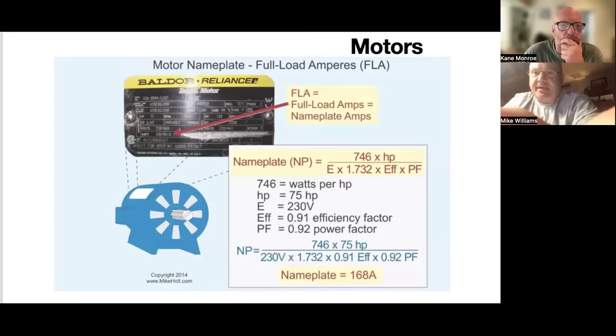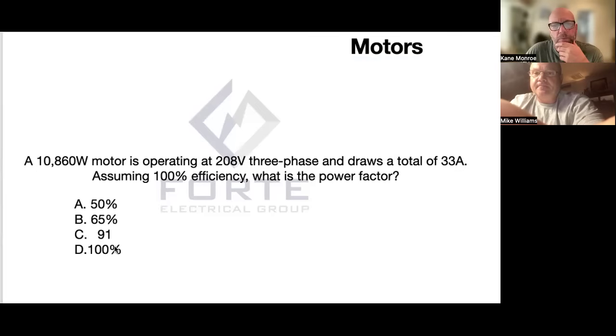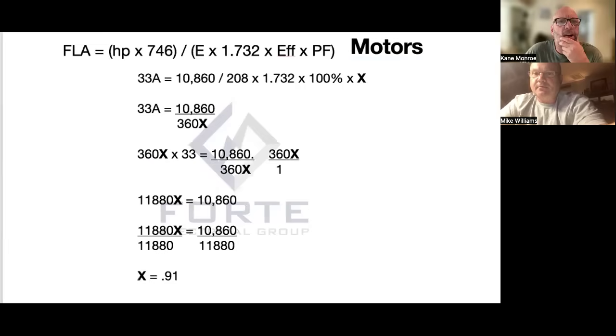Okay. So my nameplate is, let me see, is this it? 33 amps at 100% efficiency. So right away, that's not the answer. Let me see if I have it right here. There you go.